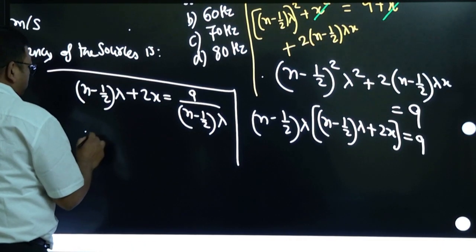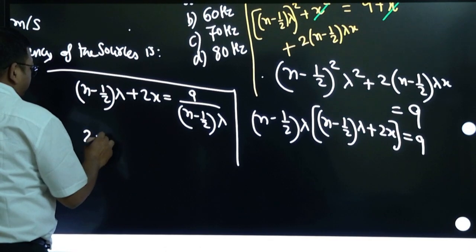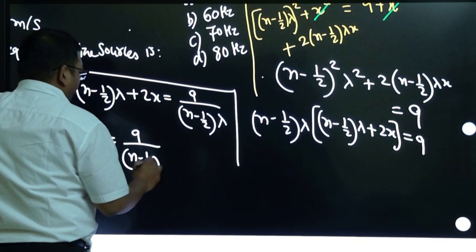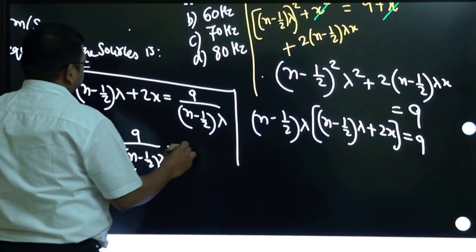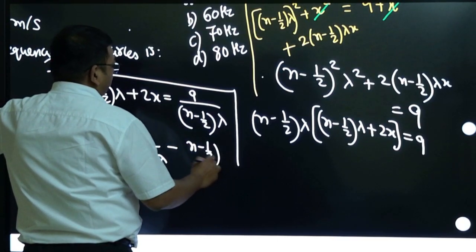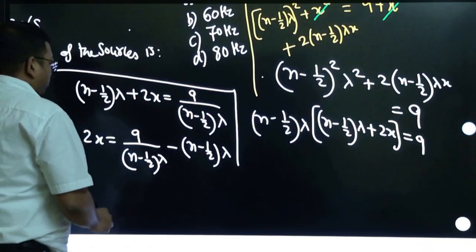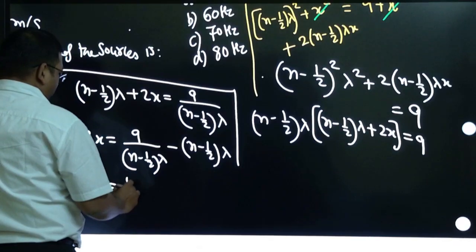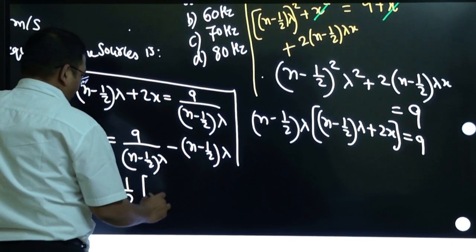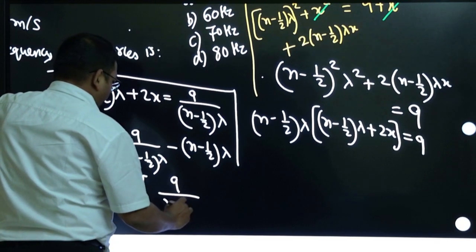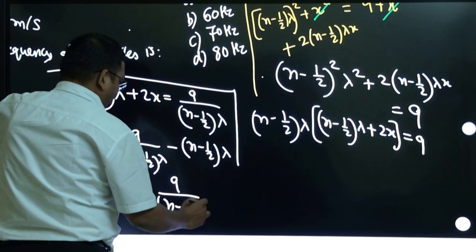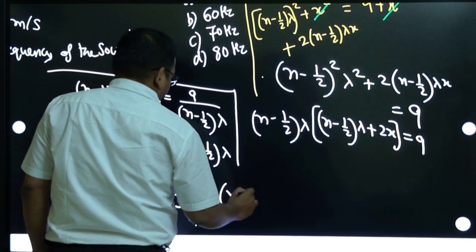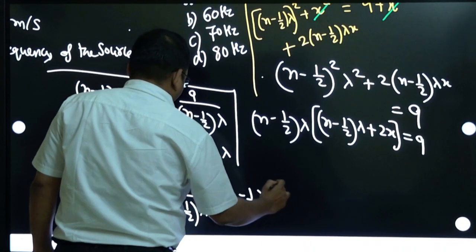So what will be 2x from here? 9 by (n minus half) lambda minus (n minus half) lambda. So x will become 1 by 2 times 9 divided by (n minus half) lambda minus (n minus half) lambda.